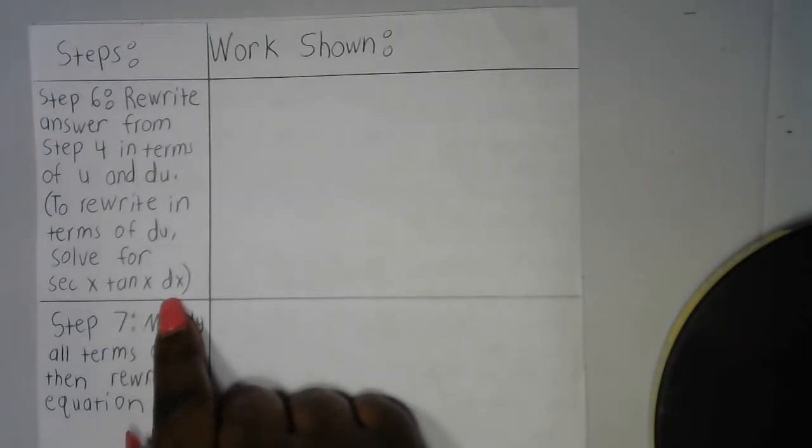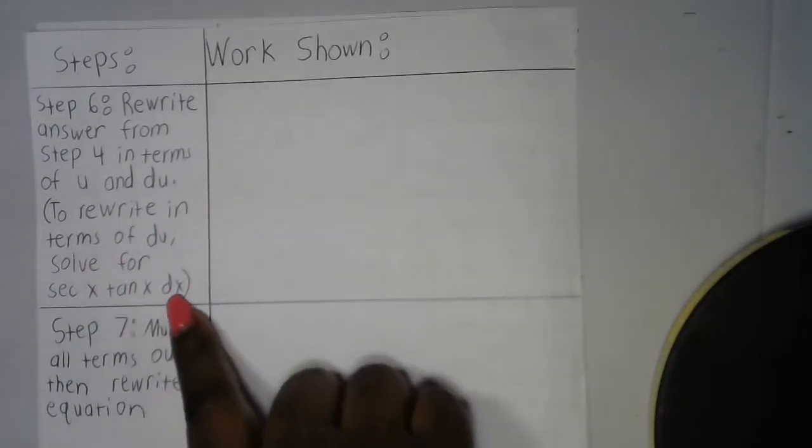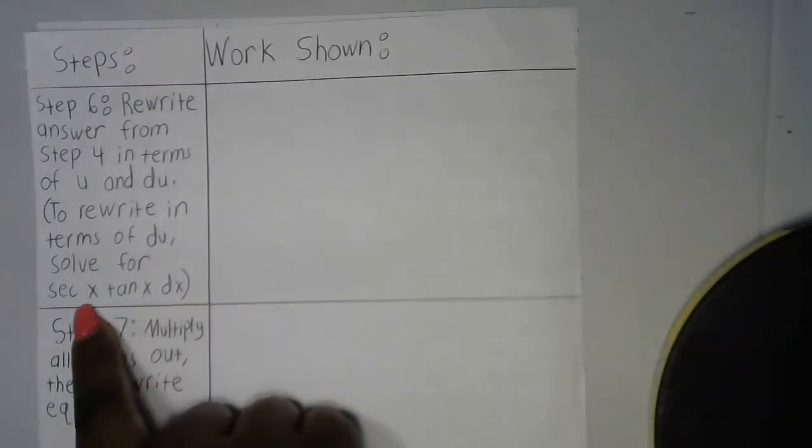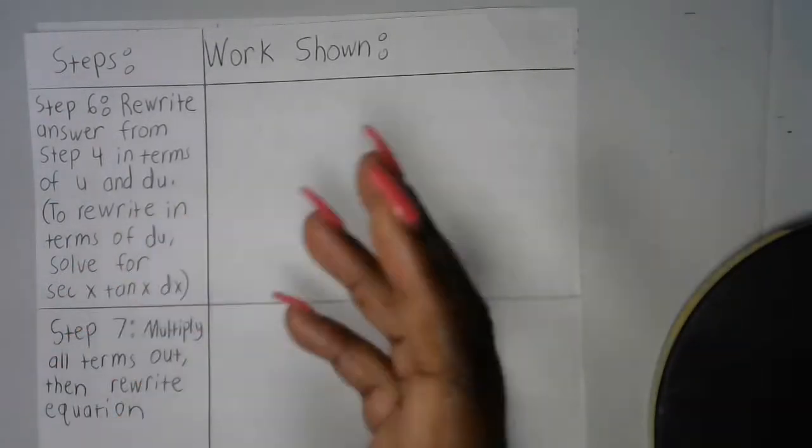But in case it wasn't, for example if du was equal to 2 times secant x tan x dx, you would have to solve for secant x tan x dx and get it alone. But du is already equal to this, so you don't have to do that.